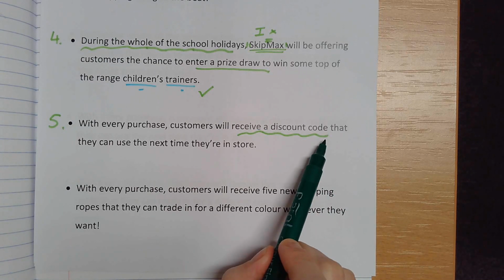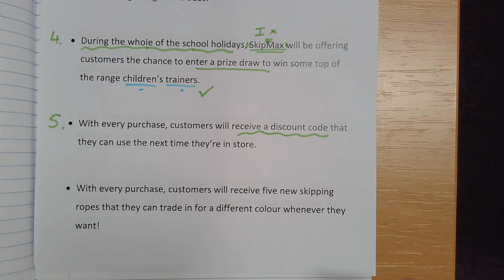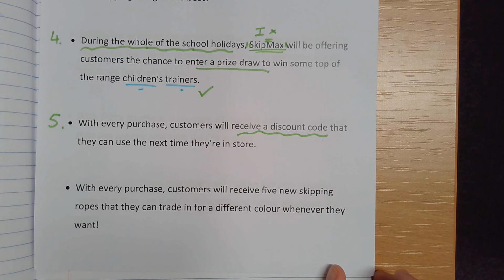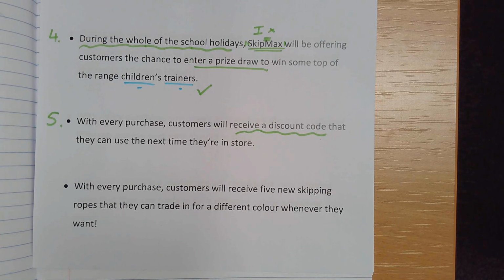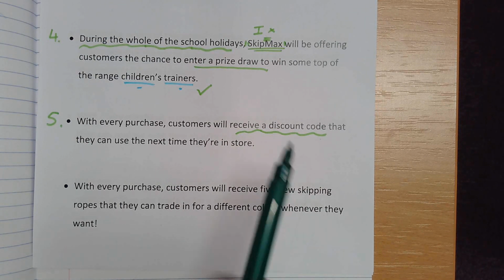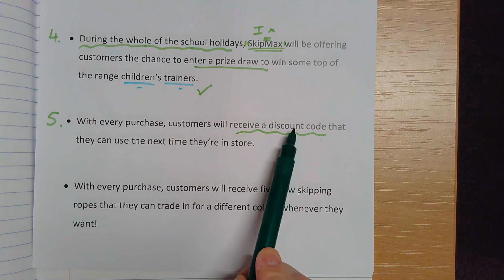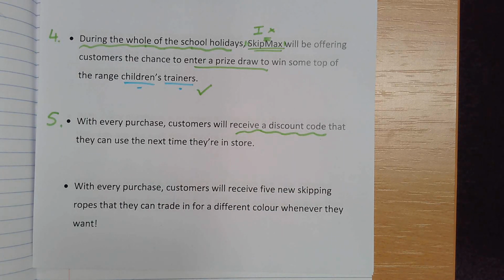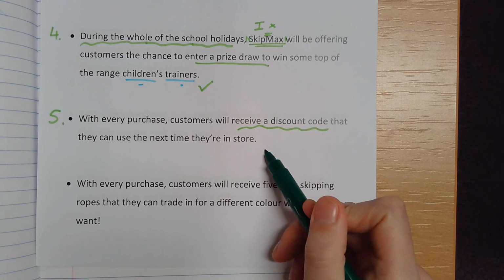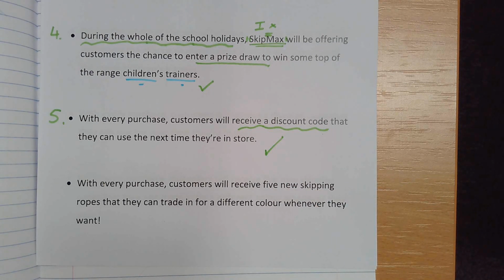This is also quite a clever ploy by the brand, because they've linked up with the shop and the shop has obviously secured a deal with them, and by using this discount code it means that people are coming back to the shop where the Skip Max was bought, and that means more money for the shop. So that is a suitable one, I would say.